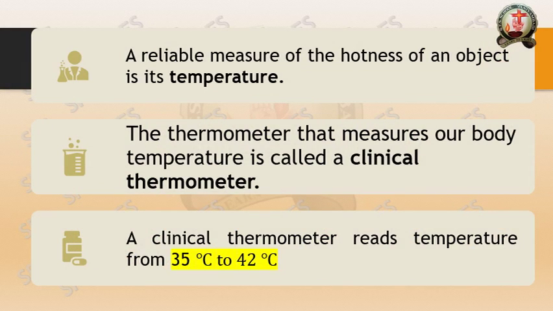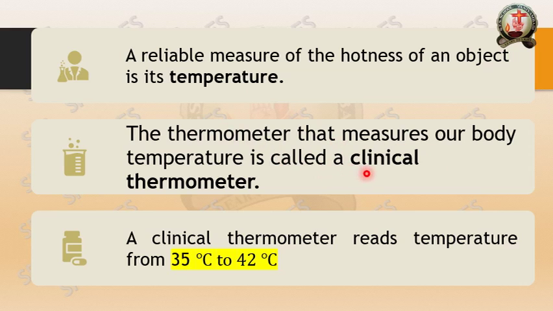We discussed the definition of temperature. So what is temperature? A reliable measure of the hotness of an object is its temperature. So we measure hotness or cold, whether an object is hot or cold, by using a phenomenon called temperature. Now, which thermometer do we use to measure body temperature?